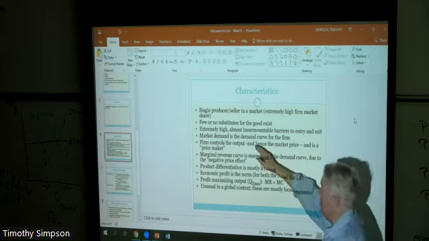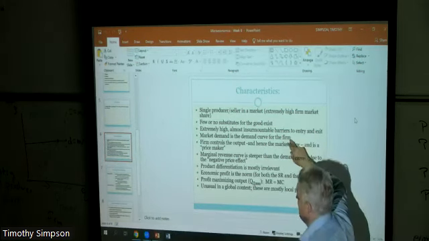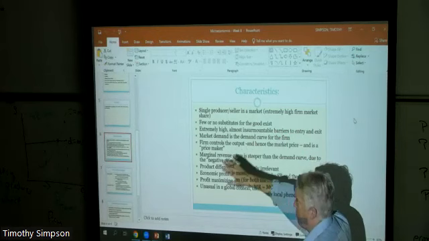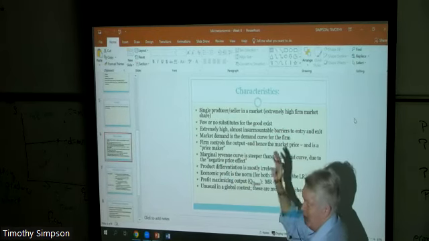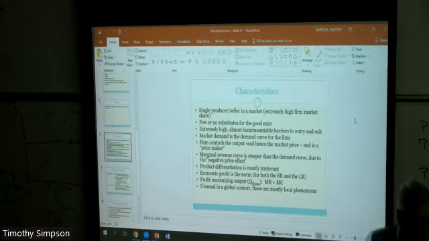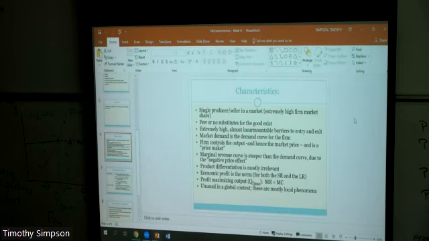Okay, one other thing here: market demand is the demand curve for the firm. Now, this might sound obvious, but here there is no split screen between the industry and the firm itself. Because the firm is essentially the industry, and whatever other competitors are out there are not worth really noting, and as a result, they don't make much difference.